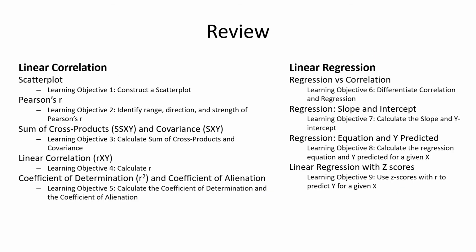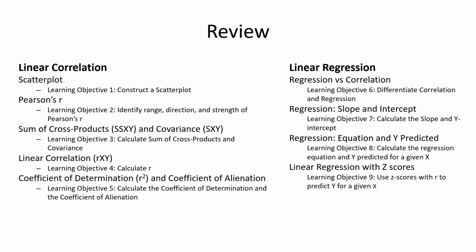So a lot there. This was a really long lecture, or it seems like a long lecture just because there's a lot of information. But hopefully now you can construct a scatter plot. You can identify range, direction, and strength of a Pearson's R just by giving the value. You can calculate the sum of cross products in the covariance. Then from that you can calculate R. Then from that you can calculate R squared, the coefficient of determination, and the coefficient of alienation, 1 minus R squared.